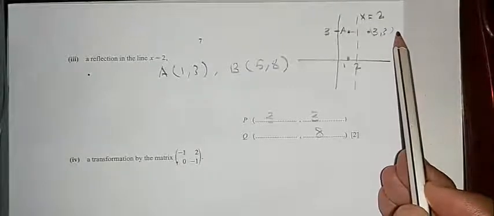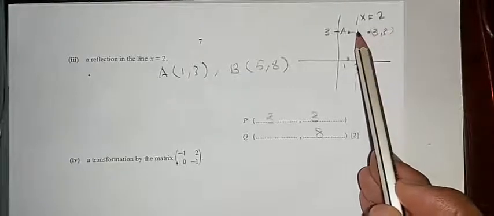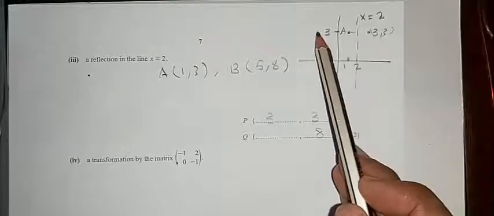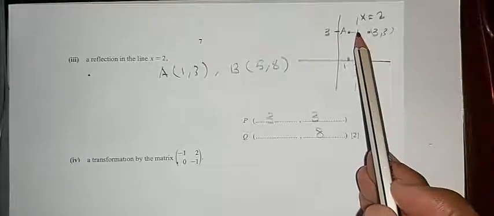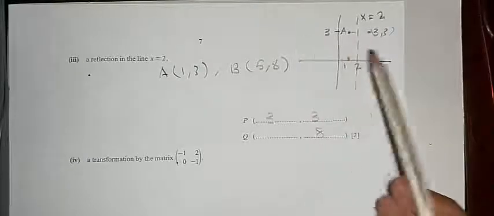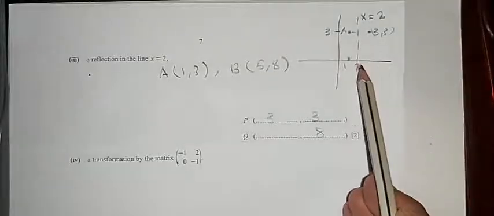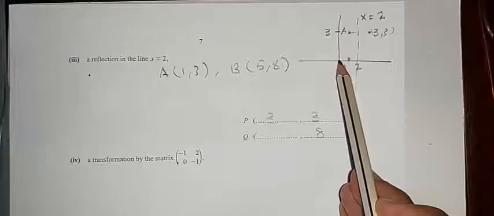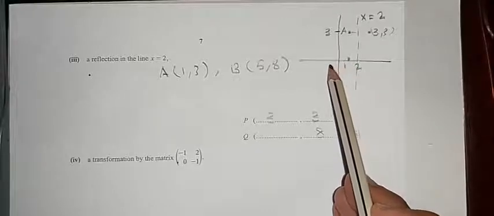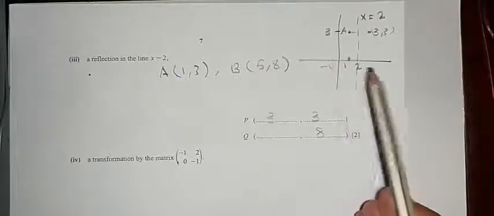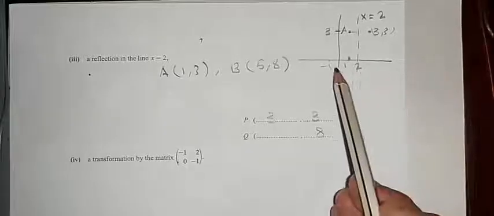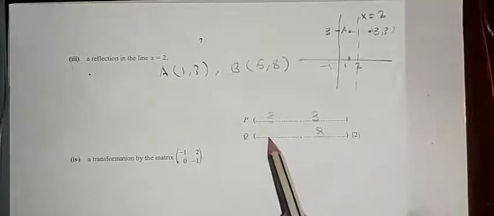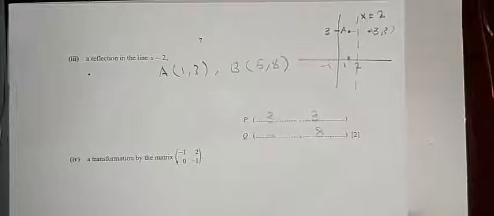Okay, so we will reflect it by another 3 units, but this time to the left. Okay, 3 units from this 2 here will be 1, 2 to 0, and will come here to -1. So the point will be -1 and 8. It's easy.